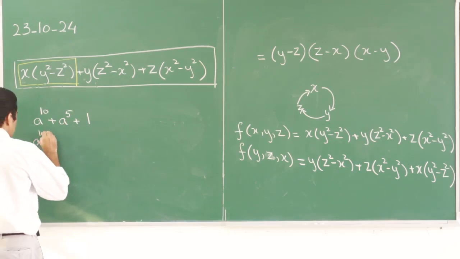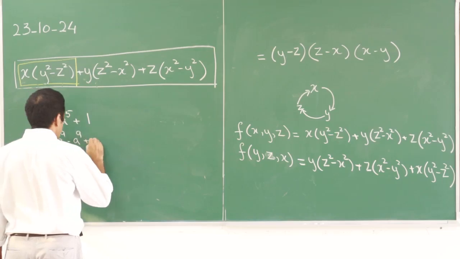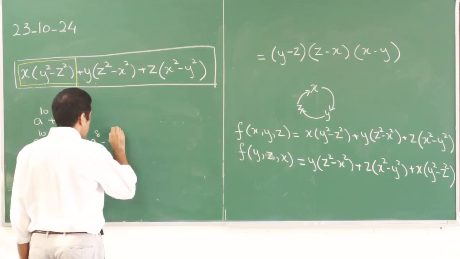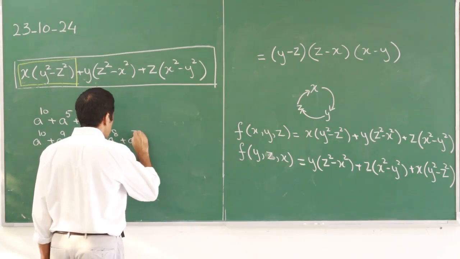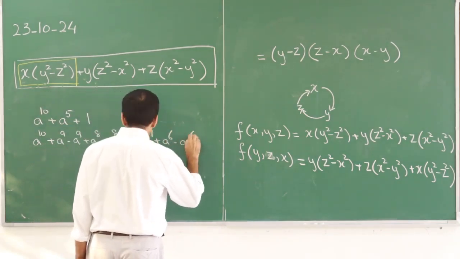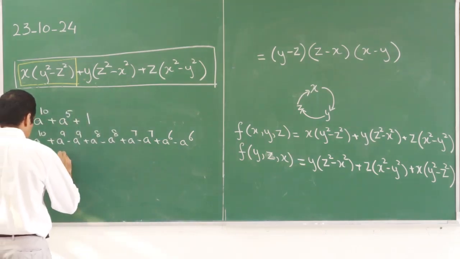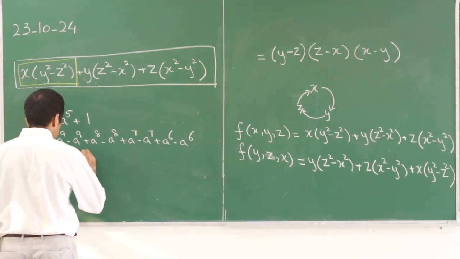Okay, let's try. So a to the 10 plus a to the 9 minus a to the 9 plus a to the 8 minus a to the 8 plus a to the 7th minus a to the 7th plus a to the 6th minus a to the 6th plus a to the 5th plus a to the 4th minus a to the 4th. ये किए?